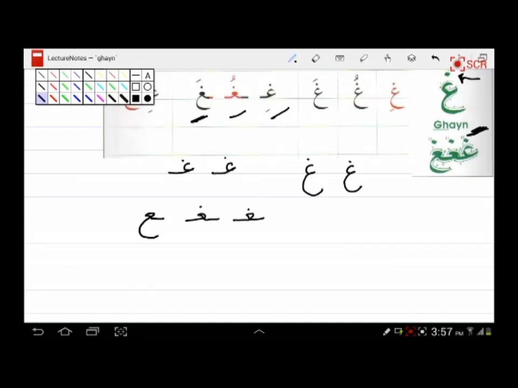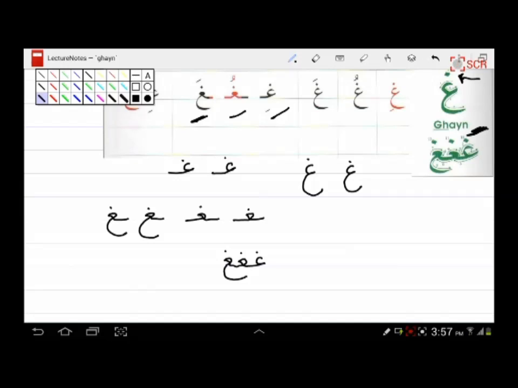I connect it to a trail, and then a dot. Here we go. Now I'm going to write all of them together. Dot, dot, dot. So that's the ghayn in the three forms.